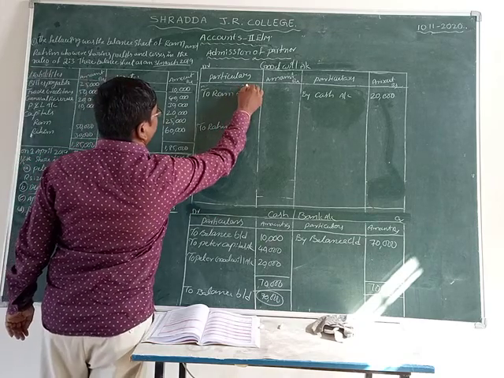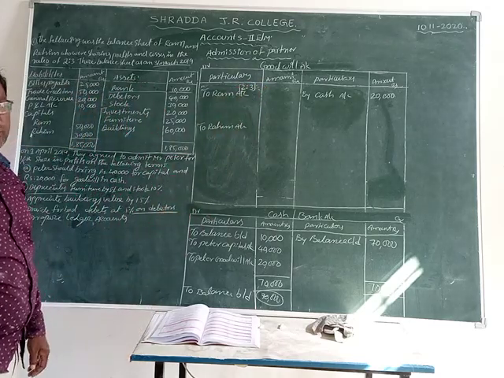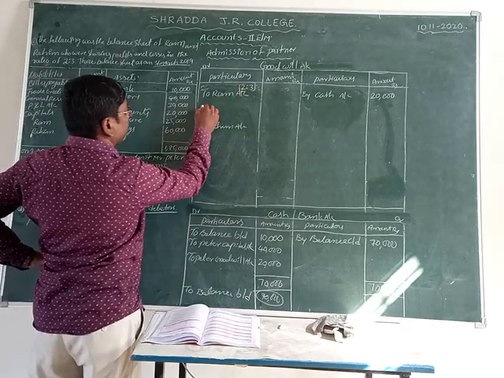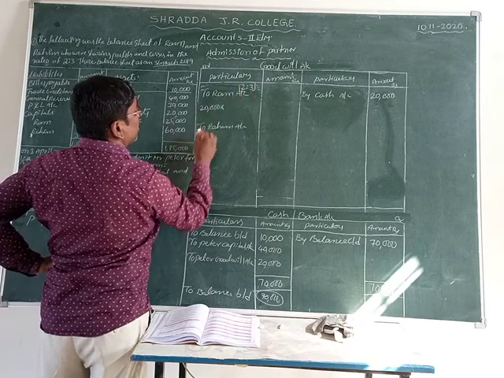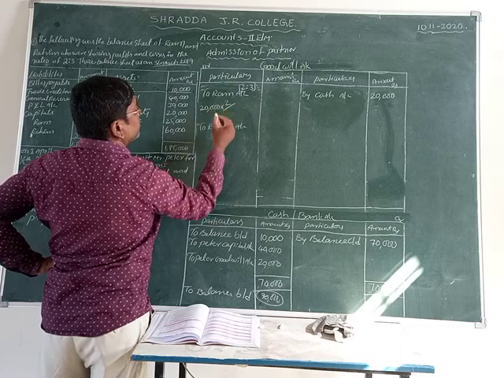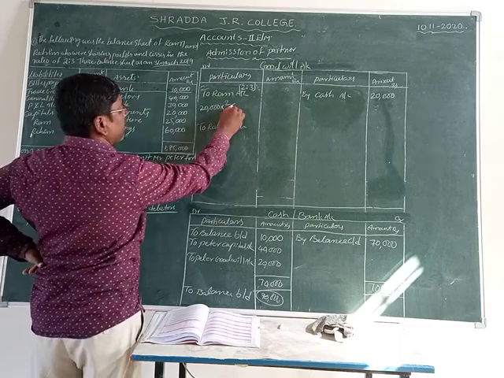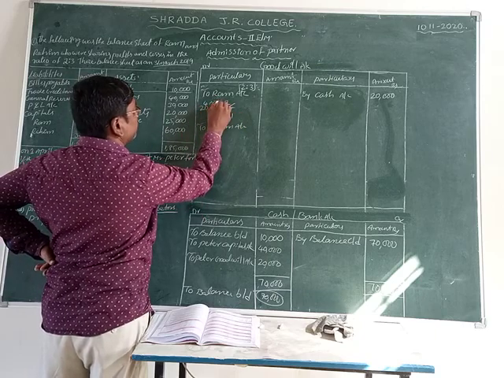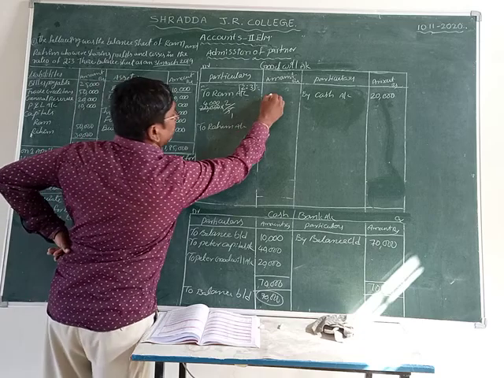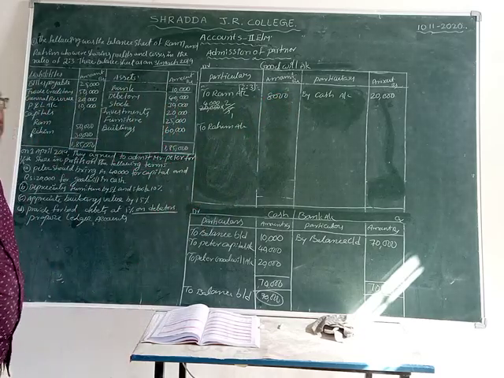The old partners' sharing ratio is 2:3. So the value of goodwill is 20,000 rupees into Ram's ratio 2. Total ratio is 2 plus 3, 5, isn't it? 5 ones are 5, 5 fours are 20, then 3 zeros. 4 twos are 8, so 8,000 rupees is Ram's goodwill share.